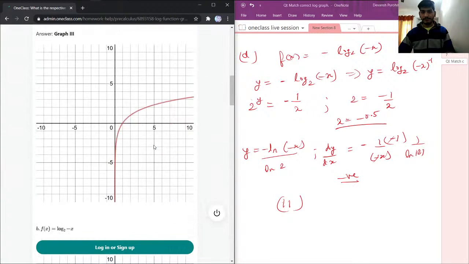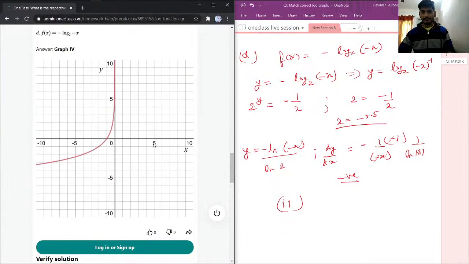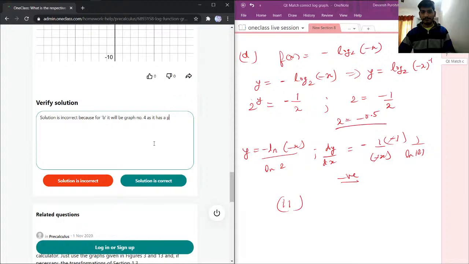Yep, graph number 4 has a positive slope. And for D, it will be graph number 4 because it has a negative.